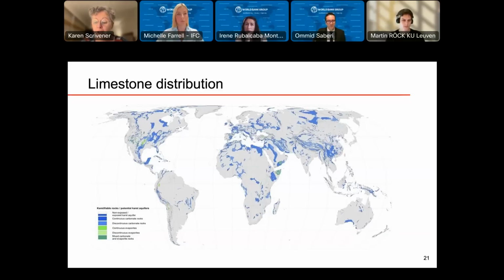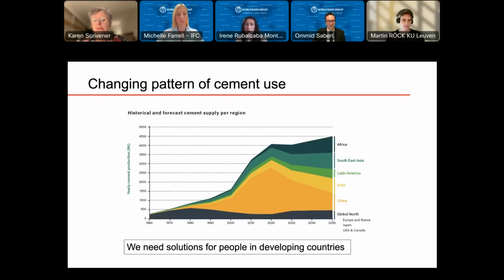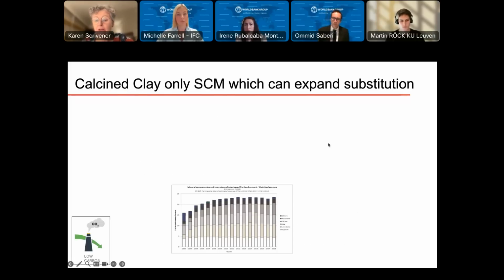So this can be a very good solution, particularly because in the next 30 years from now till 2050, we're going to see a huge shift in the use of cement away from China, which has been the dominant source of growth for the last 30 years, towards India, Latin America, and particularly Africa.